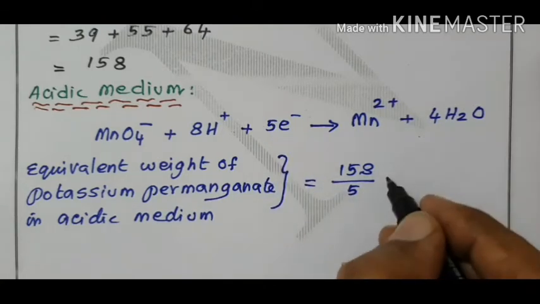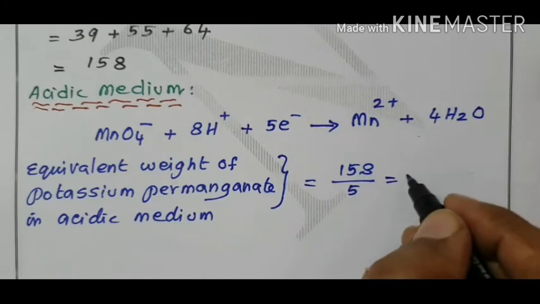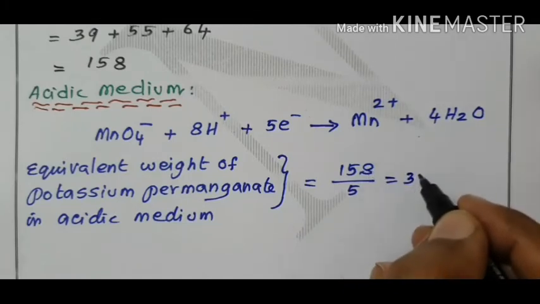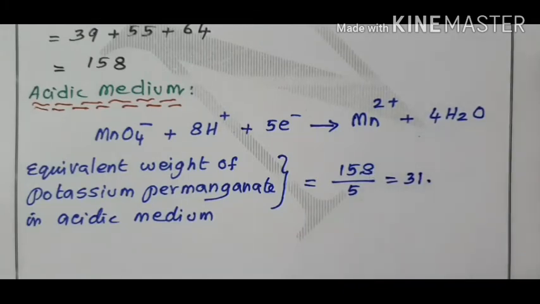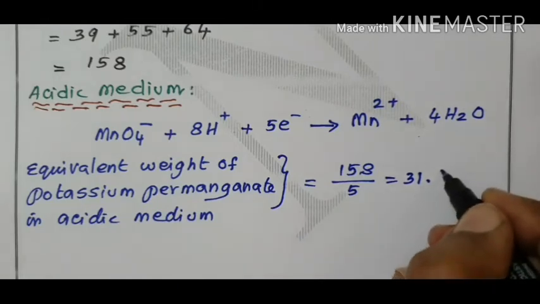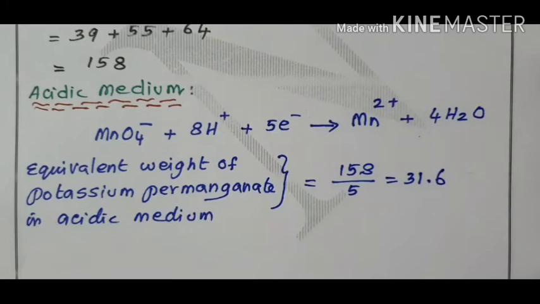When you cancel, 5 ones are 5, 3 fives are 15, in 18 we have only 1 five, remaining 3. So, 6 fives are 30, 31.6 is the equivalent mass of potassium permanganate in acidic medium.